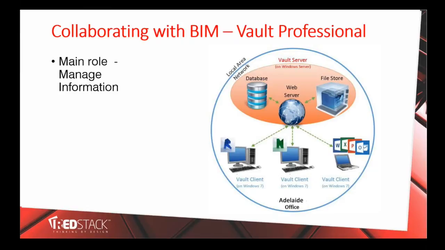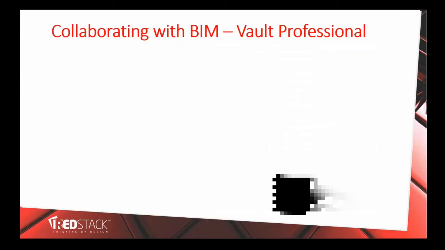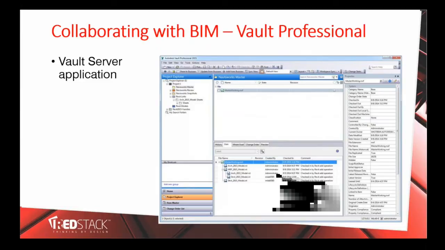And last but not least, Vault allows you to search those files through its organised indexing system. Vault has two main components, a Vault Server application and the Vault clients.